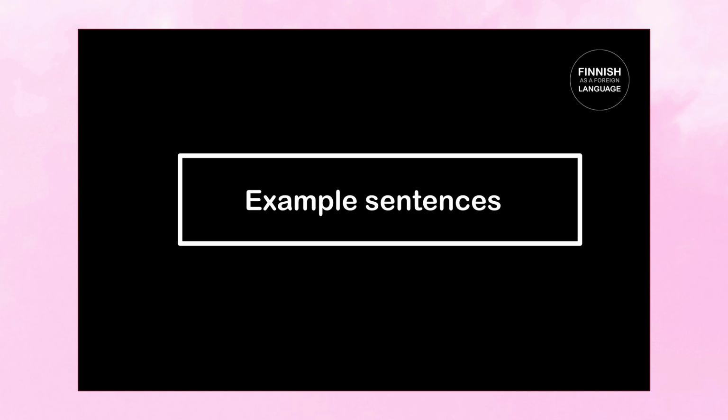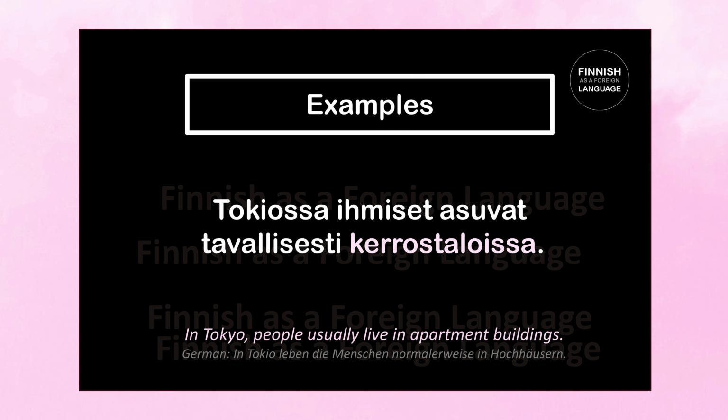Alright, we carry on with our next chapter, the example sentences. Now let's see how we can use the plural of the local cases in a sentence. Our first one is Tokiossa ihmiset asuvat tavallisesti kerrostaloissa. In Tokyo, people usually live in apartment buildings. Tokiossa means in Tokyo, inessive case. Ihmiset means people. It's the nominative plural of ihminen, which means person.